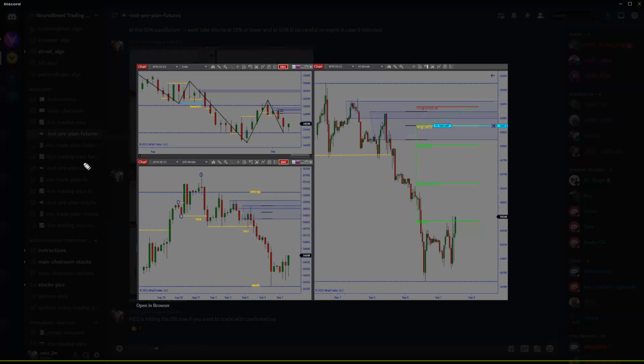What we do is we start with a daily to figure out what's our direction. Okay. Then we go to the 240 and we figure out where is our break of structure, what's our current trend. This is kind of our thesis. This is our bias. And then we trade order blocks. So we start with a 4-hour order block here, and we narrow it down to a 60-minute order block.